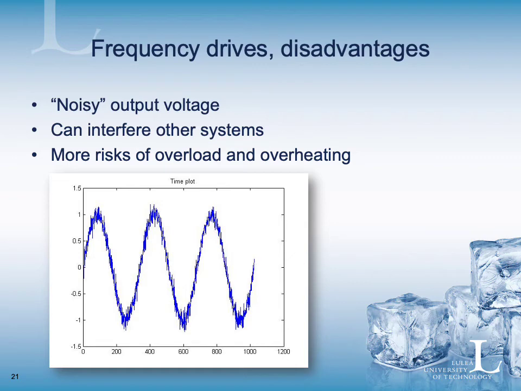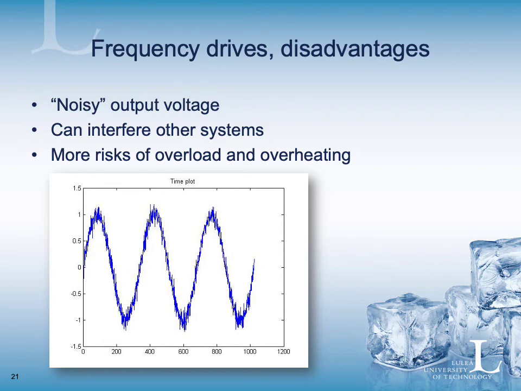But there are also some disadvantages with frequency drives. One is that the output voltage might be noisy. This could interfere with other systems, like if you have sensitive sensor systems in your machine.